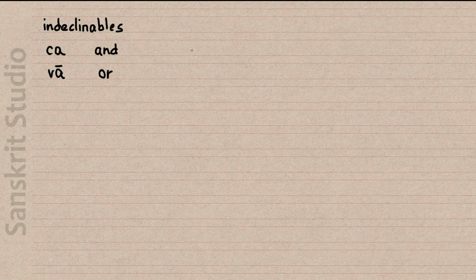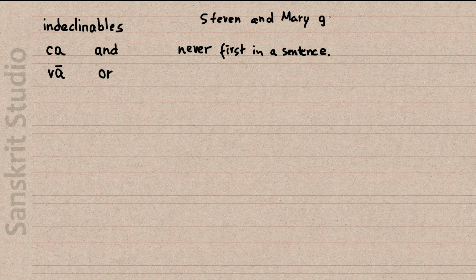And one of the rules then is that none of these ever appear first in a sentence. Okay. Now that's perhaps not so peculiar. For if I say, Stephen and Mary go, if I create a sentence like that, then of course and is never first in an English sentence either.